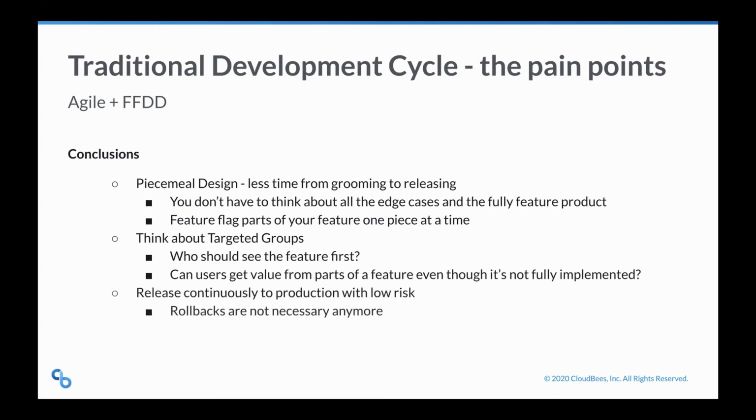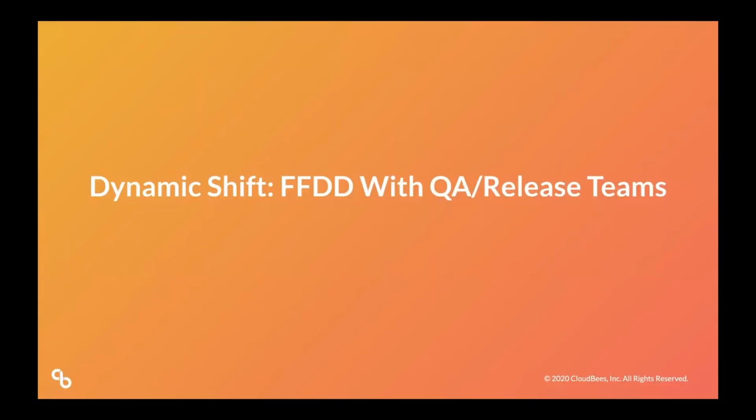And then release continuously to production with low risk. Rollbacks are not necessary anymore, and you should feel free to merge to master and then deploy master whenever you want. Cool. So that completes my talk about comparing Agile with traditional development, and comparing that with including feature flags in your culture and your mindset.